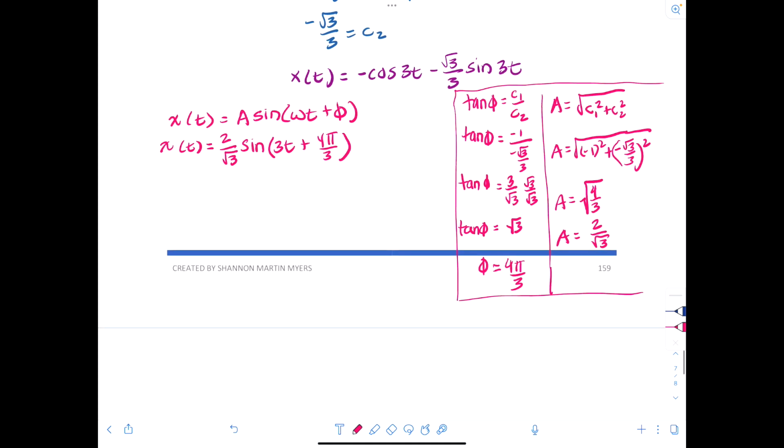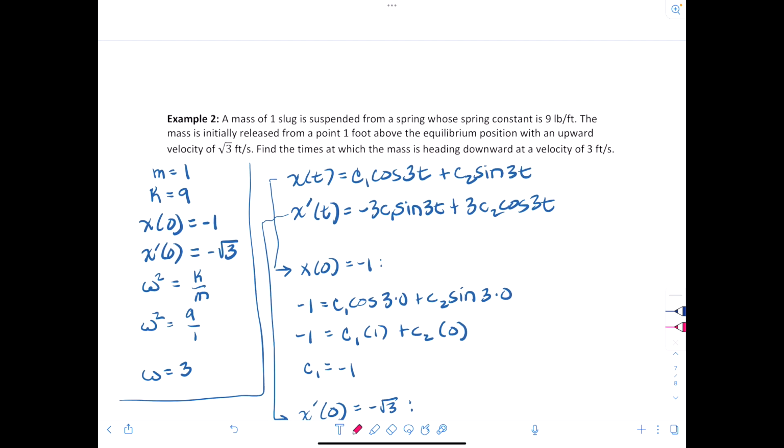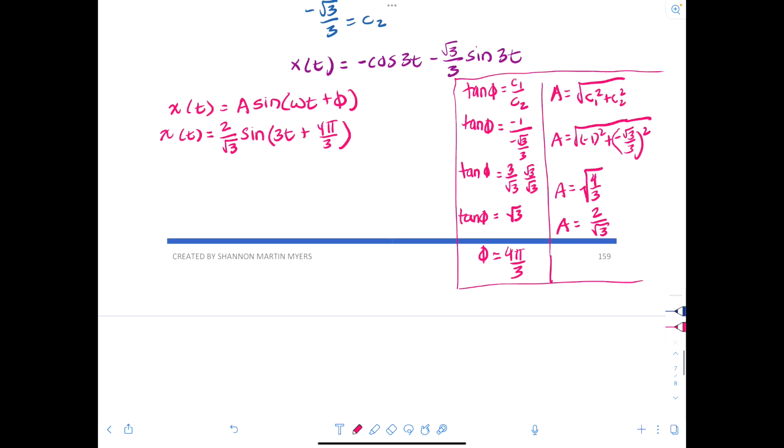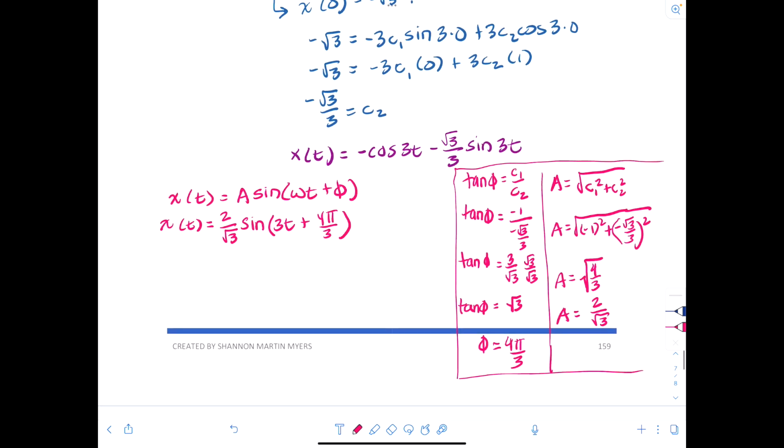Now we were asked to find the times at which the mass is heading downward at a velocity of 3 feet per second. So what do we need?